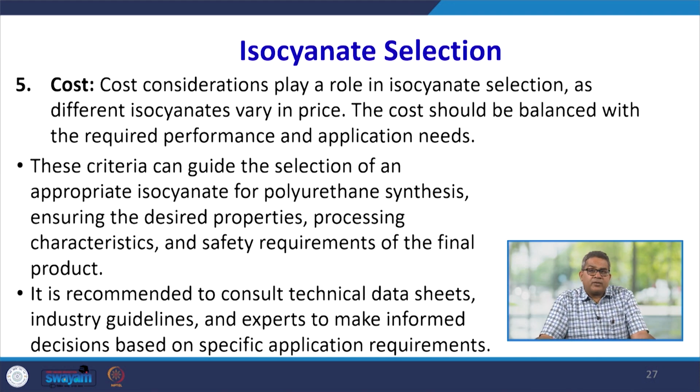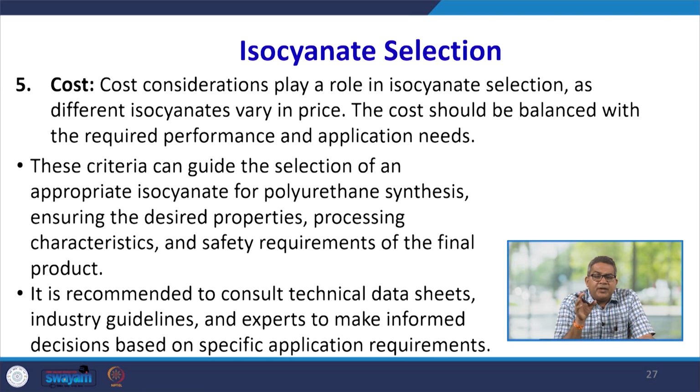Another important factor involved in the isocyanate selection is cost. This plays a very vital role in the isocyanate selection, as different isocyanates vary in price. The cost should be balanced with the required performance and application needs. So you must have some sort of optimization and balancing among all the desired properties and the cost in question.